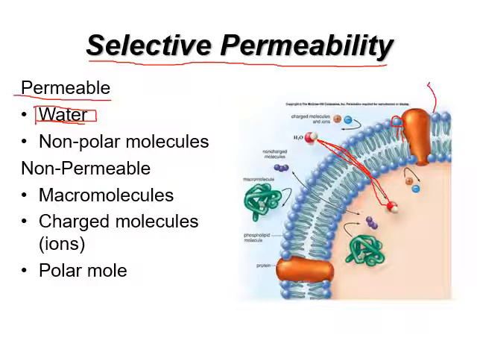Let's look at nonpolar molecules. Nonpolar molecules are non-charged. All right, and if they're small enough, okay, smaller is usually more likely to move through the membrane than very large molecules. And so we got a small nonpolar molecule, non-charged. All right, this can zip right through the membrane, okay, because it's nonpolar.